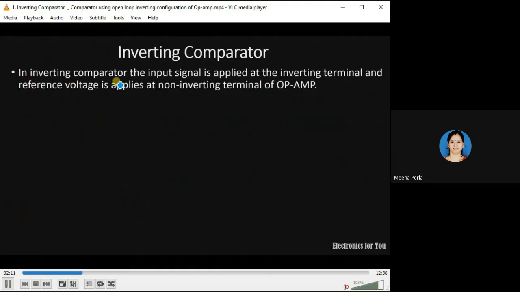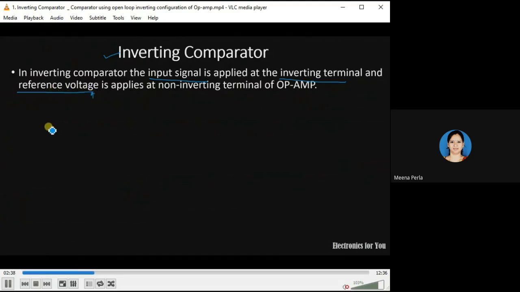An inverting comparator is a comparator where the input signal is applied at the inverting terminal. The name itself indicates that the input is applied at the inverting terminal and the reference voltage is applied at the non-inverting terminal of an op-amp. So based on this only we are going to give the input.